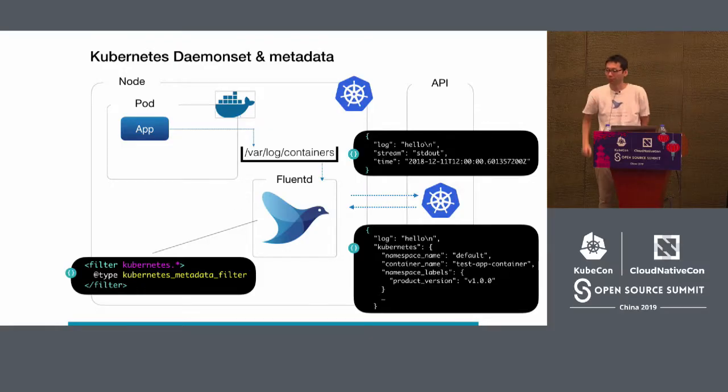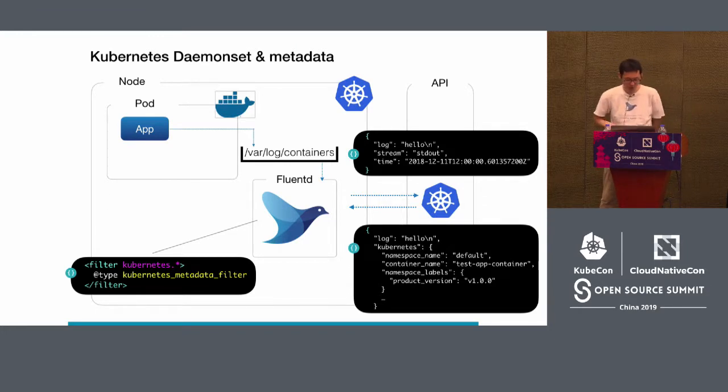Yes, you can see you append the namespace and the container name. So this kind of metadata we maybe need to append to the log, right? Can it be done automatically, or do we need to code something? How do we collect this metadata?